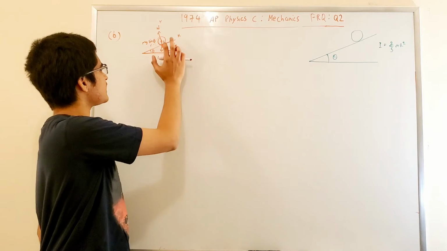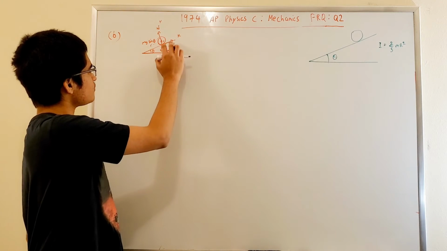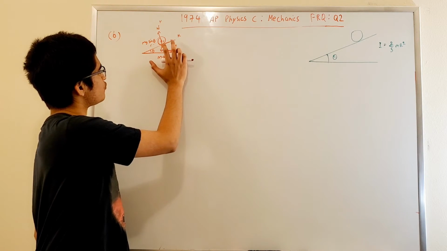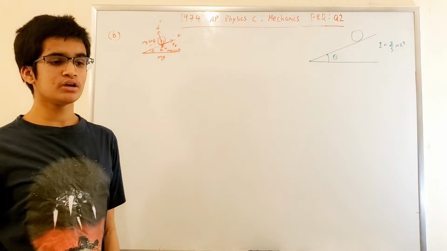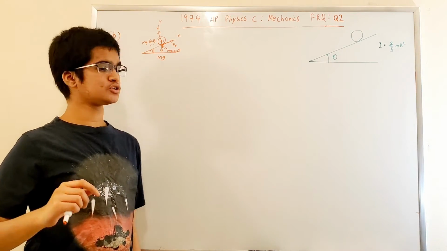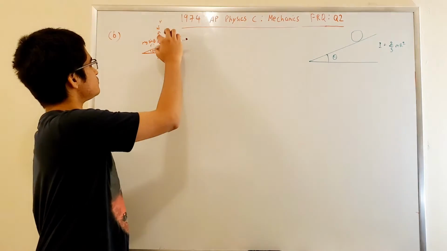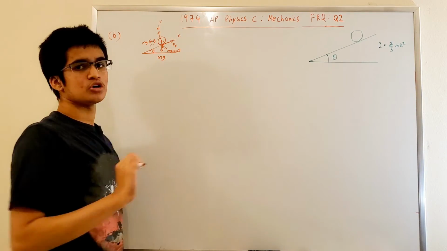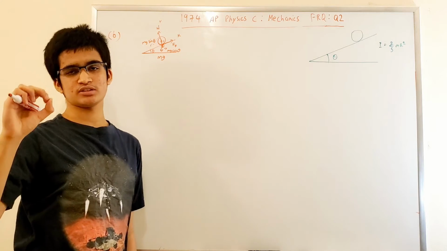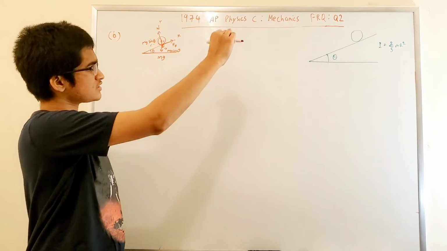Why is that? If you look at our diagram, the force of friction is the only force producing a torque. So if the force of friction doesn't exist, our body will never be able to rotate. It's just going to slide down.